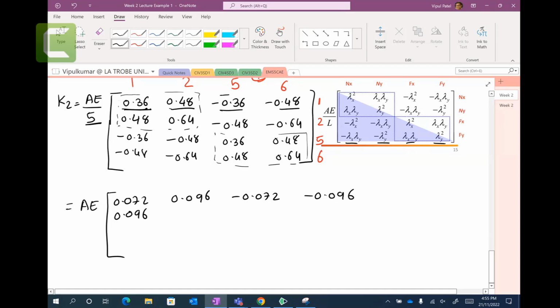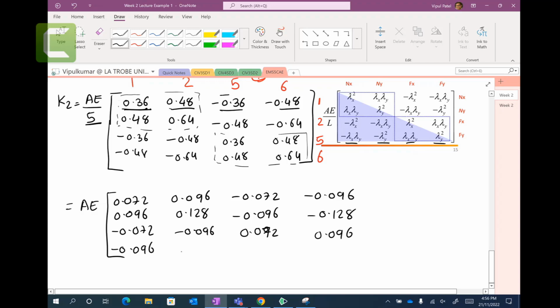Then 0.096, 0.128, minus 0.096, minus 0.128, minus 0.072, minus 0.096, 0.072, 0.096, minus 0.096, minus 0.128, 0.096 and 0.128. Same thing, 1, 2, 5, 6, 1, 2, 5, 6.